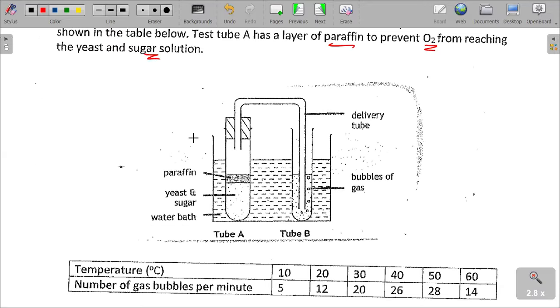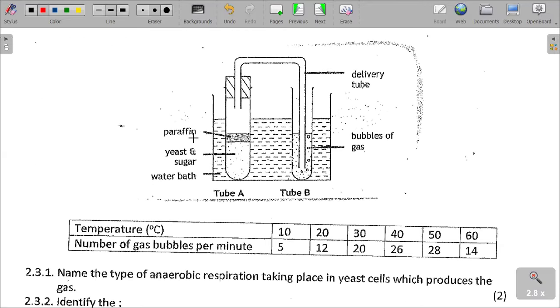We are given the diagram: test tubes A and B, bubbles of gas, paraffin, sugar and water bath, a delivery tube, and temperatures and number of bubbles per minute.